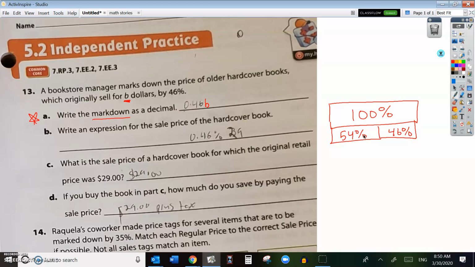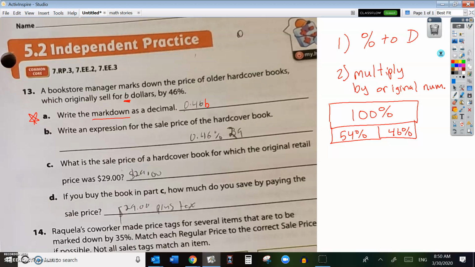So if you remember the steps here, step 1 is to go from percent to decimal. Step 2 is to multiply by original number. So let's look at what's being taken away.